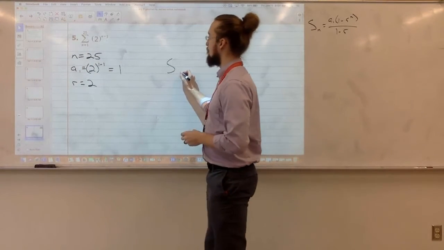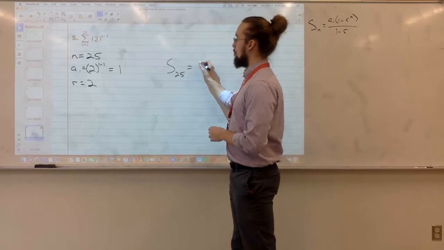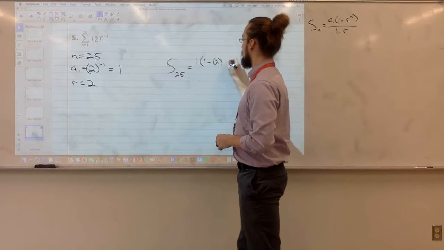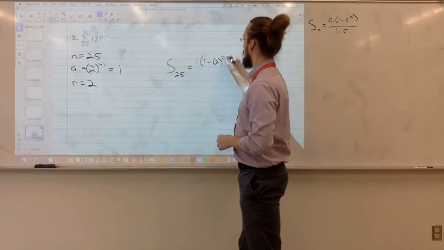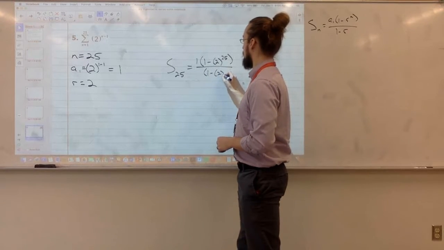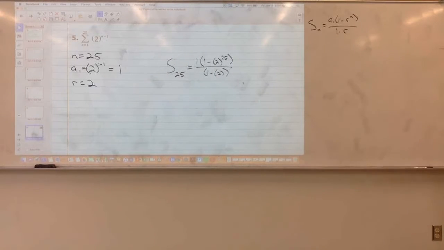So let's take those and plug them in. So the sum of the first 25 terms will be the first term times 1 minus the common ratio raised to the nth power divided by 1 minus the common ratio. That's what we get.